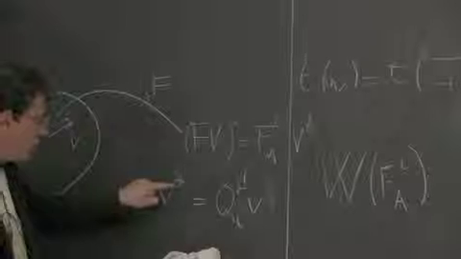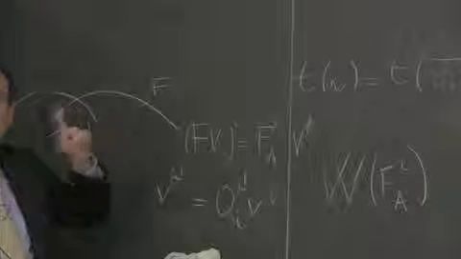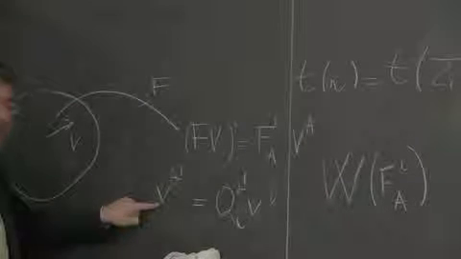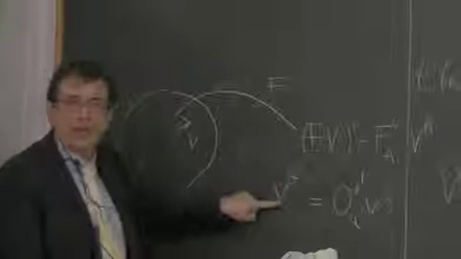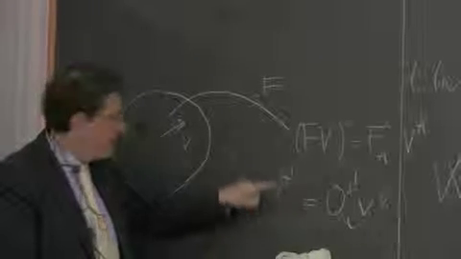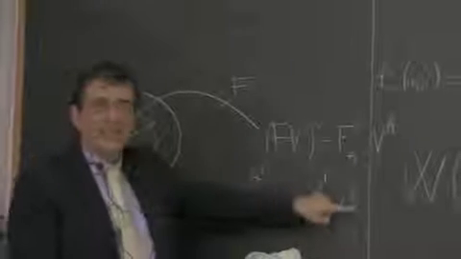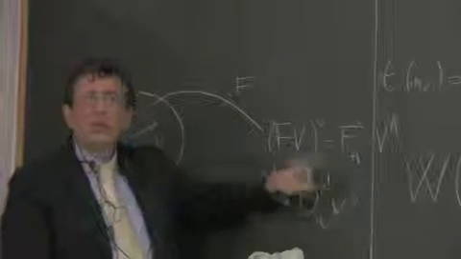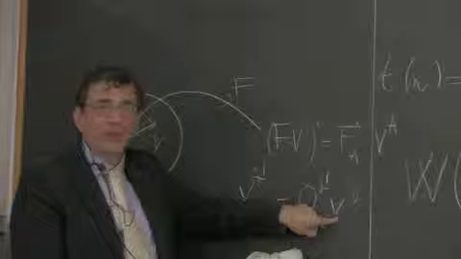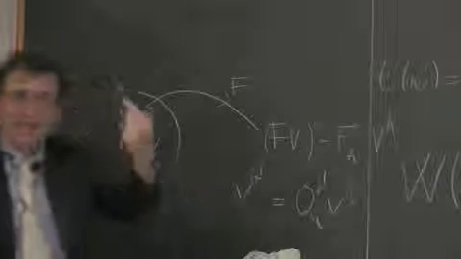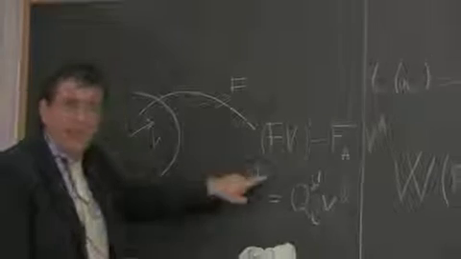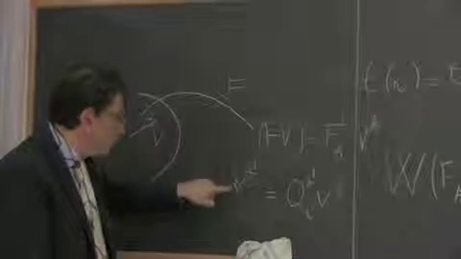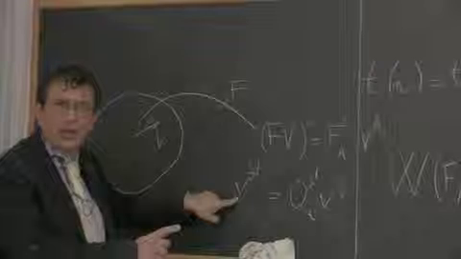So v_j' you must read in this way. The letter tells you the name of the vector you are considering. The index i is telling you the components of the vector v in the basis without prime. j prime is telling you the components of v, the same vector, in the basis e_j'.